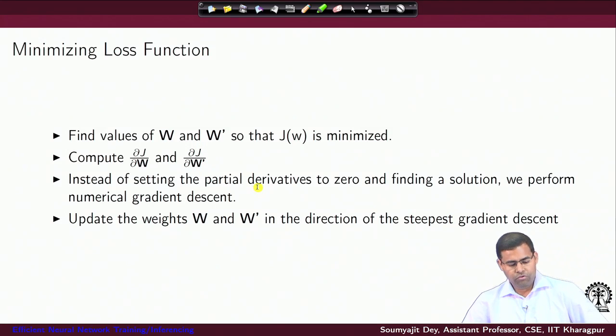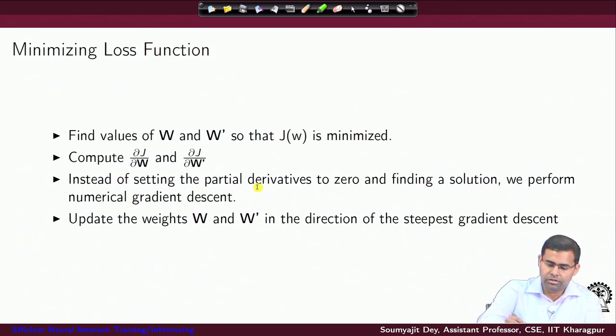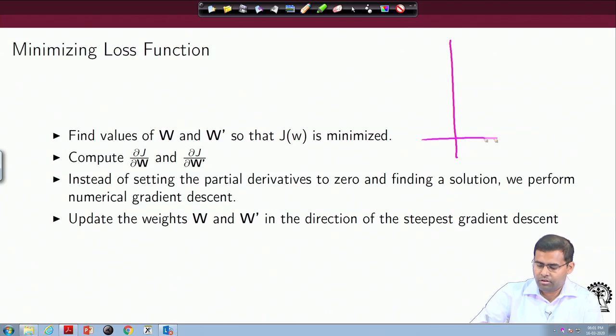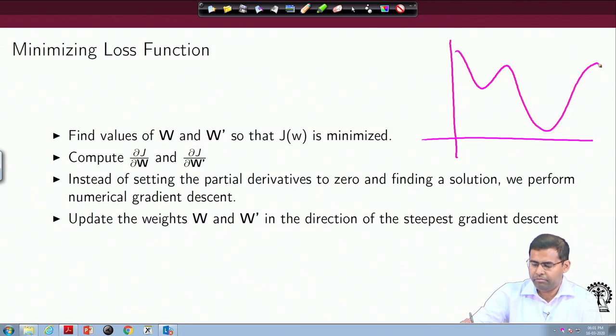And also we have several problems here, because even if I compute the points where these partial derivatives are set to 0 and find the solution, we need not be sure that those are the only minima, because for a complex function, for example, let us take a simple example here. This may be a complex function. You can have a local minima and a global minima.